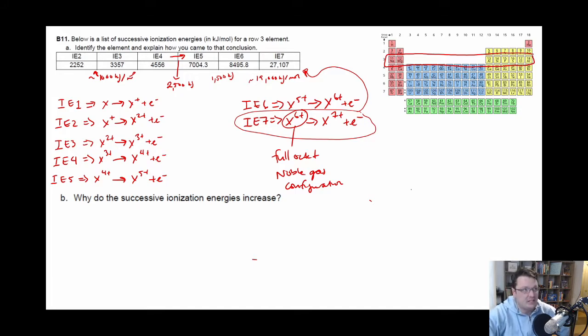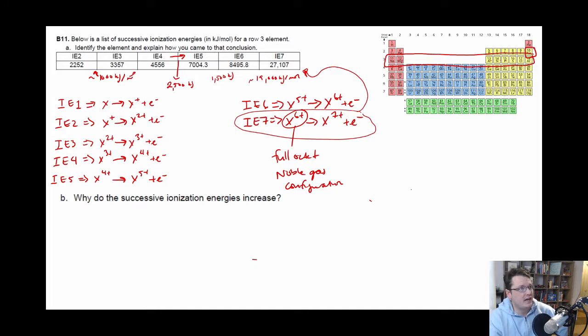And so if we say that 6+ is the full octet, we can start working our way backwards: which element would give us an electronic configuration that matches neon if it was in the 6+ state? We just have to add up: 1, 2, 3, 4, 5, 6. So sulfur 6+ has a neon electronic configuration in this case.